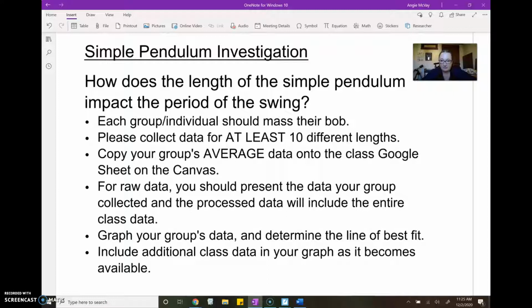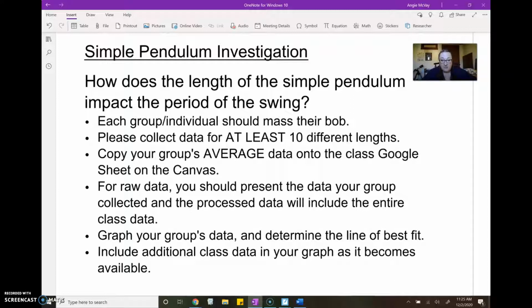You're going to collect data for at least 10 different lengths of pendula, and I'll show you my setup in a second. You're going to copy your group's average data into a class Google Sheet on Canvas so that we can discuss the data collected by the whole class and see if we can come up with an additional conclusion based on the whole class data.